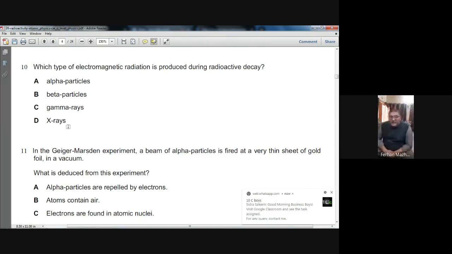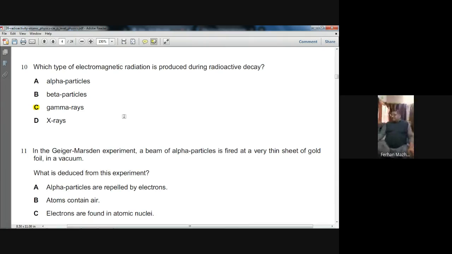The particles which are given out during radioactive decay are alpha particles, beta particles, and gamma rays. And if you remember, the gamma rays are part of the electromagnetic spectrum. So gamma rays are electromagnetic radiation. So the answer will be C.